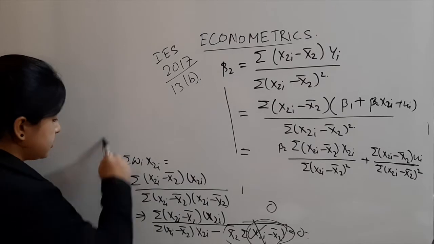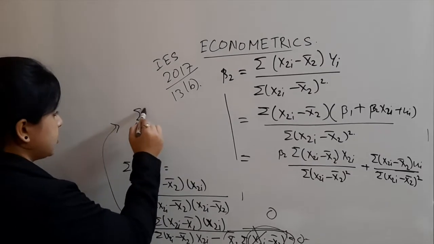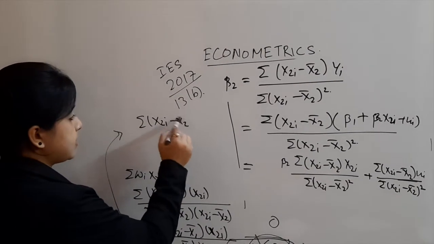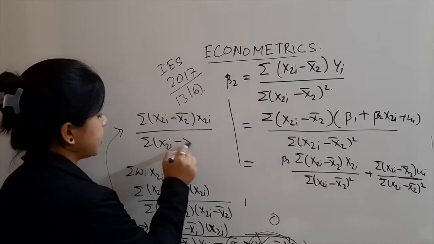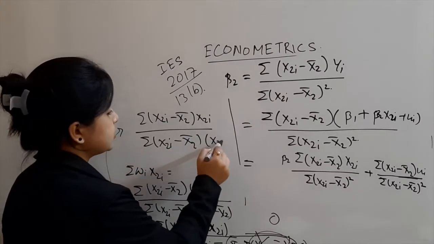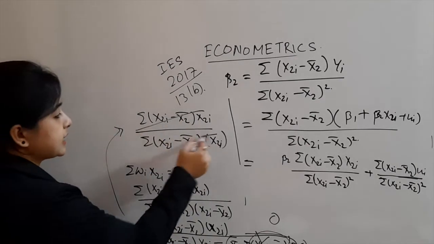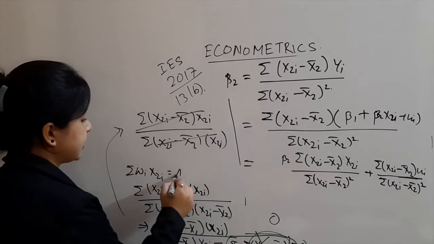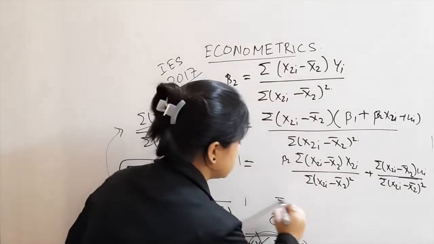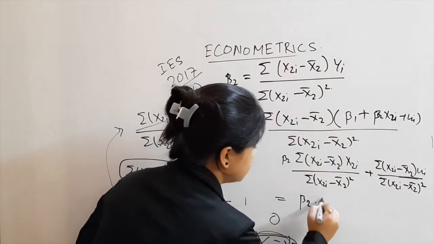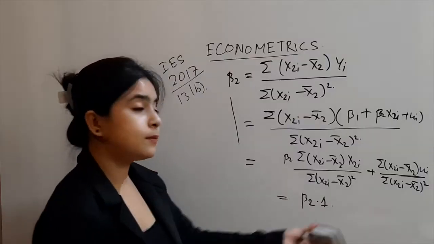So from here, getting back to here, we have (x2i − x2 bar) into x2i divided by (x2i − x2 bar) into x2i. So this gets cancelled out and we have the value of this thing as equal to 1. So let's write it as beta 2 into 1. Okay, so what about this term?